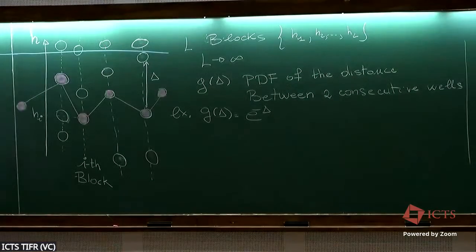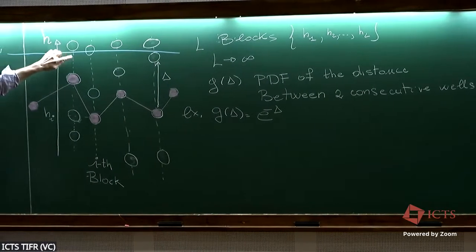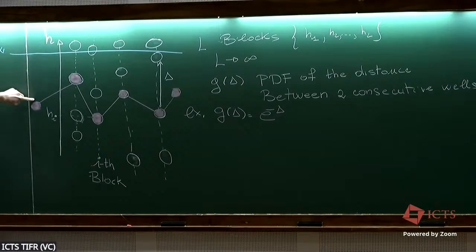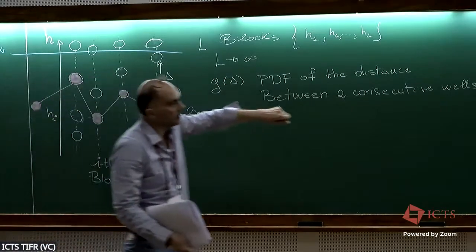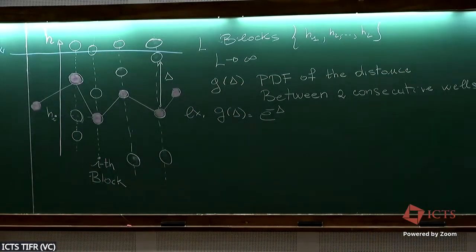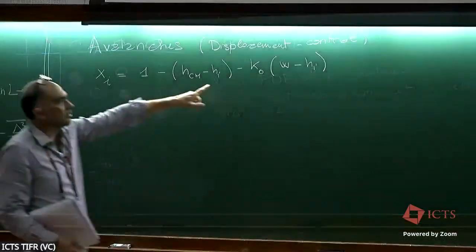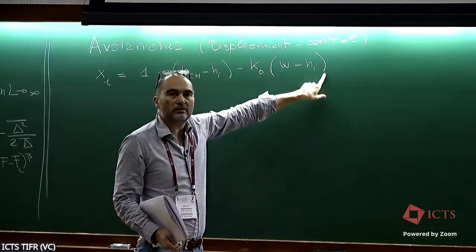So what you move now is W. And when you pull W, there is an elastic spring which connects W to each one of the blocks. Okay, here you see there is an elastic spring, K0, that connects W to each one of the blocks.